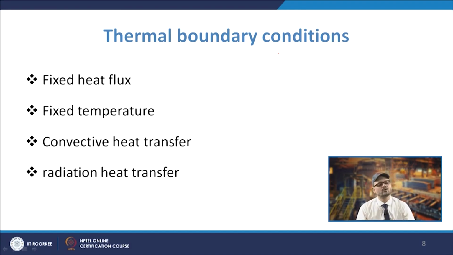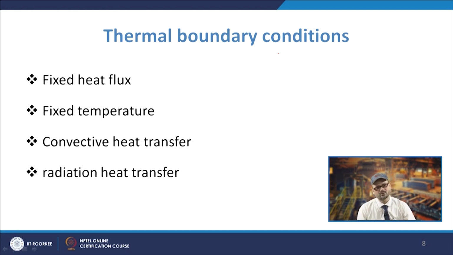Like you may go for the fixed temperature kind of condition, where you say that the walls are at a fixed temperature. Because the fluid is there inside the domain and the walls are at a fixed temperature, the heat transfer will take place, and since the temperature of the fluid is generally higher than the wall, and walls are normally at room temperature or at some specified temperature.